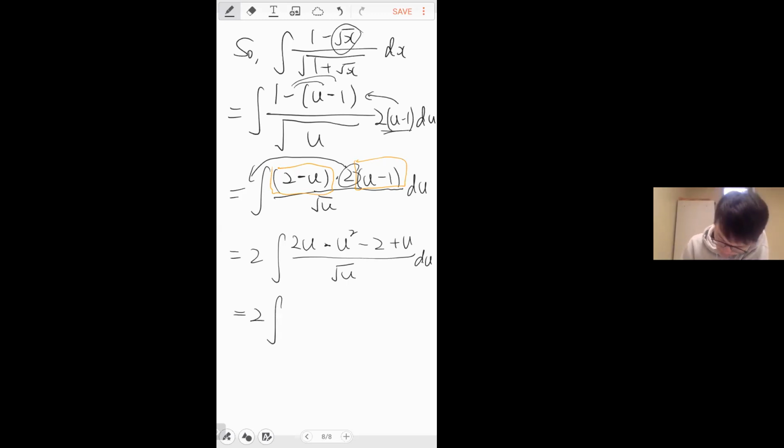And for the top, this is negative u squared plus 3u minus 2. Right? Does it make sense?